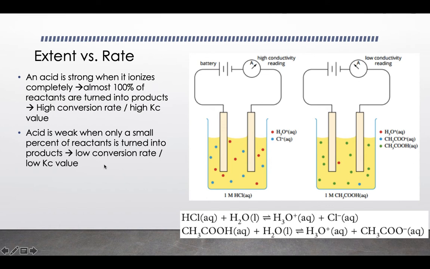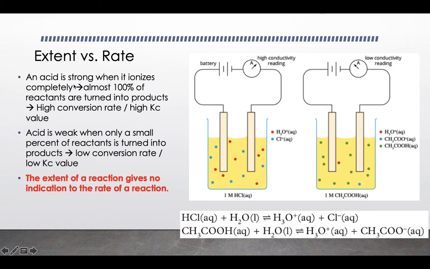Okay, so based on these two descriptions, can you tell me which reaction happens faster or which reaction happens slower? Would you know? You wouldn't. The extent of a reaction gives no indication of the rate of reaction. So I have no idea which reaction will reach equilibrium faster and which one will reach equilibrium slower.